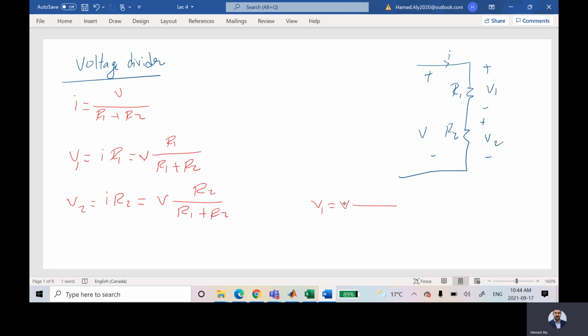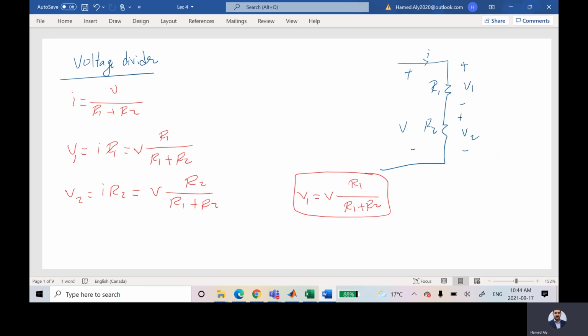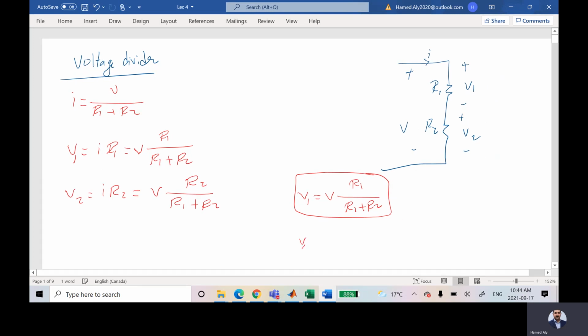So V1 is equal to V times R1 over R1 plus R2. I need you to know that. In the same way, V2 is equal to V times R2 over R1 plus R2.